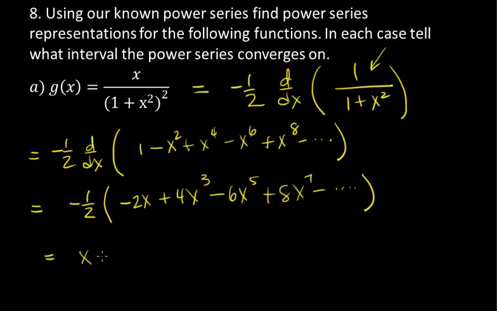So we get x minus 2x cubed plus 3x to the 5th minus 4x to the 7th plus, and so on. So that would be the answer. If you want to see that with sigma notation, you can go back to the video that I did.